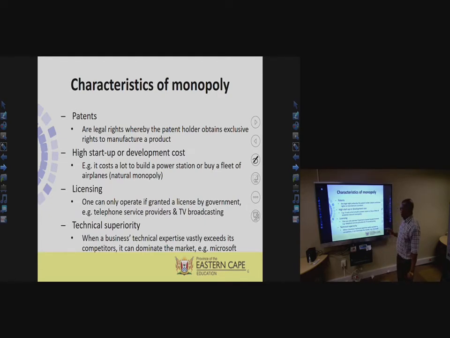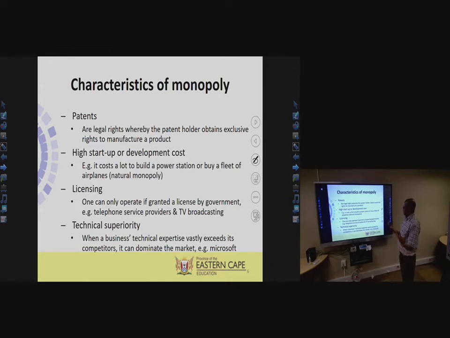Then licensing. The government can issue out licensing that you cannot operate in this particular business unless you have a license. In such a case, we can get a situation like, for instance, let's get into TV broadcasting.